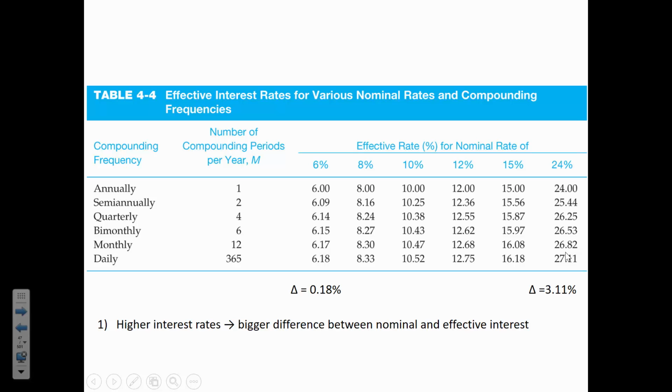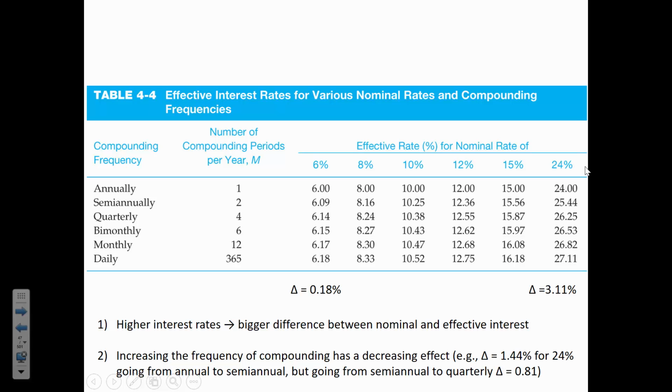So the first point that I wanted to make is that the difference between nominal and effective is more important the larger the base interest rate is. For 1% interest, probably you wouldn't even notice the difference between nominal and effective. But for these credit card style interest rates that are really high, the difference becomes quite significant.